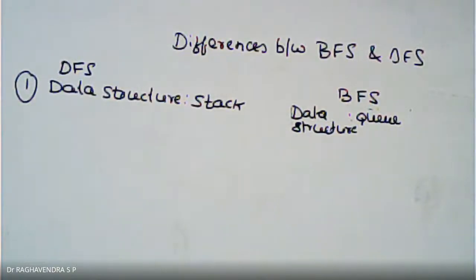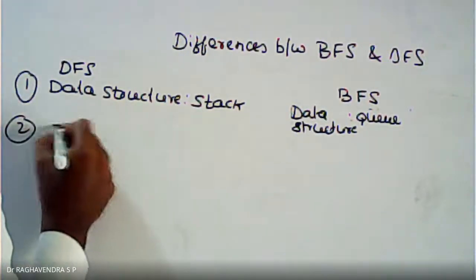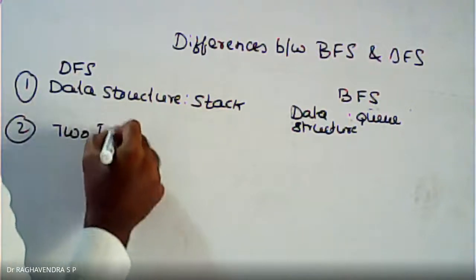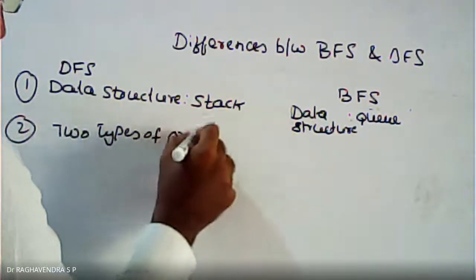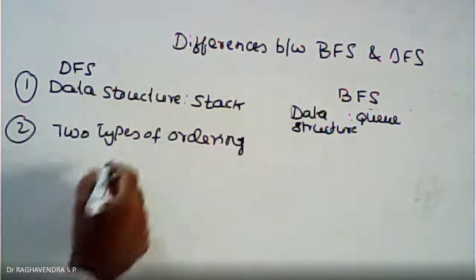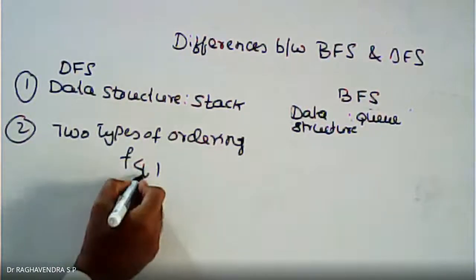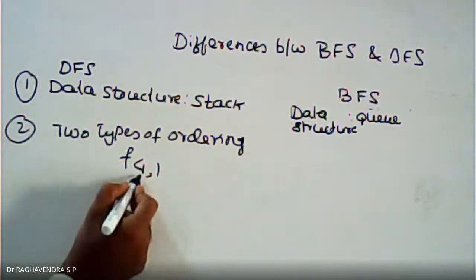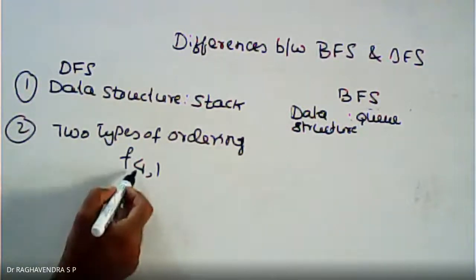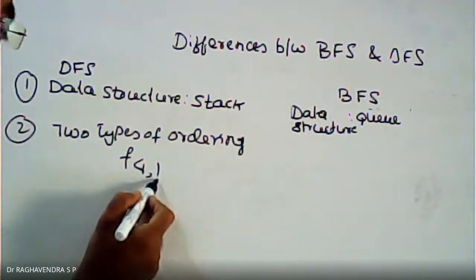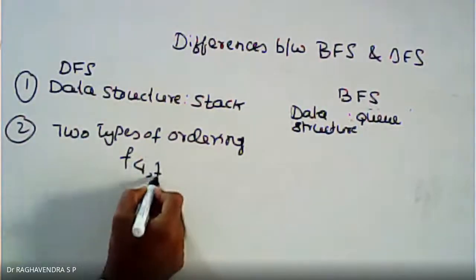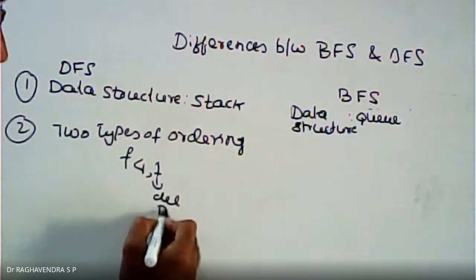Next, vertex ordering is used as the order in which items are inserted. So here there are two types of ordering. Fourth element to be inserted and first element to be deleted.